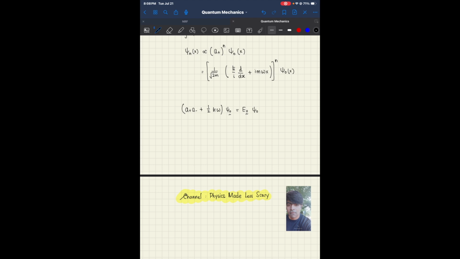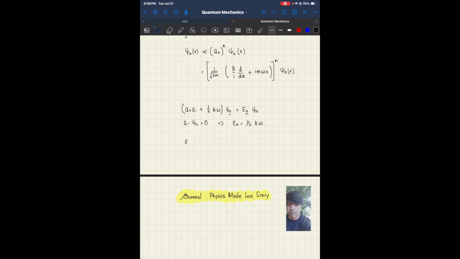But you already know that a minus acting on psi 0 is 0. So clearly, E0 is half h cross omega.